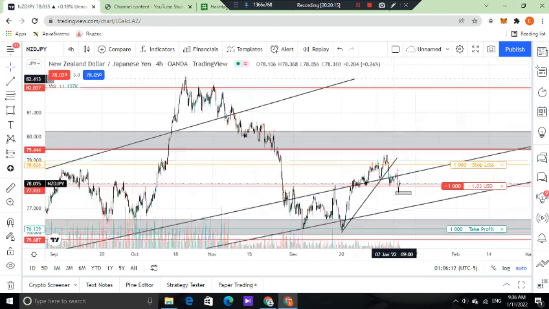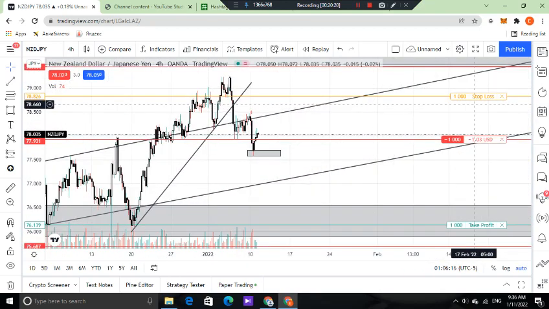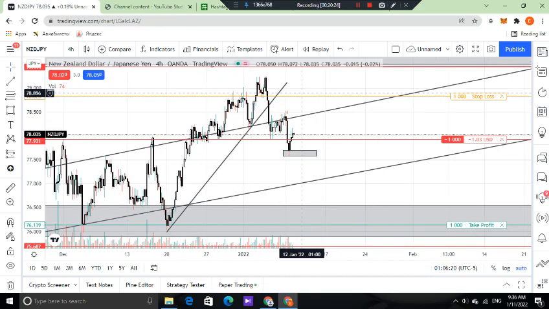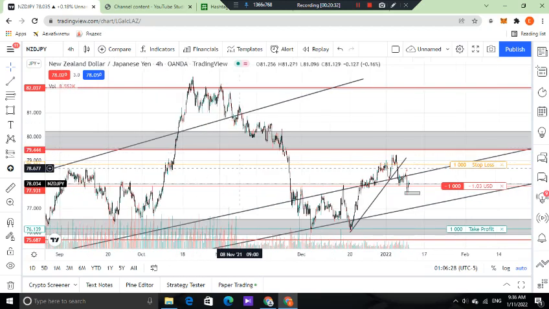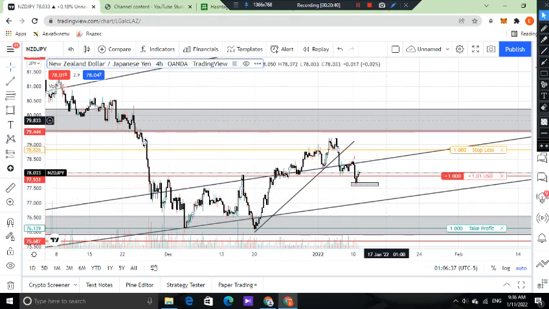But let's talk about my position. I put my stop loss at this level, which is an important level, and my take profit at this area, where you can see these reversals. We have several reversals here.